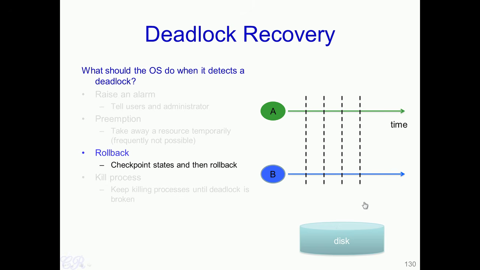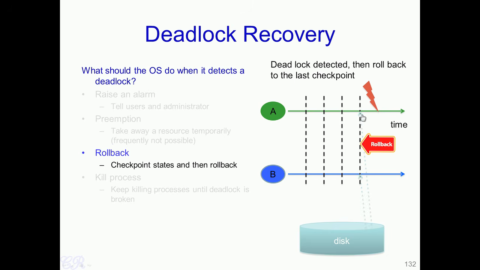Now, let us say a deadlock is detected after some time. Then what could happen is that the system could roll back to the last non-deadlock state, that is over here. How the rollback occurs would be by loading the state of process A and B in this particular example to the last known state, as shown over here.